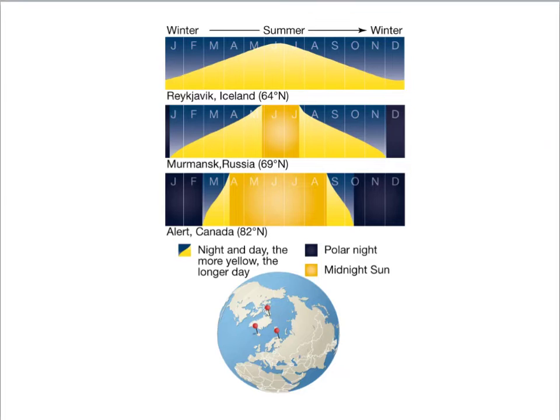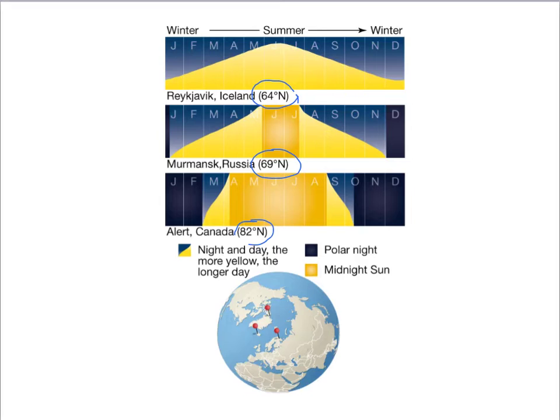Now, just to expand on what I meant by short summers and very, very long winters, if we take, for example, this area of the northern polar region, three points on the map: Reykjavik in Iceland, Murmansk in Russia, and Alert in Canada. Each is slightly closer to the North Pole, as signified by the increasing latitudes.